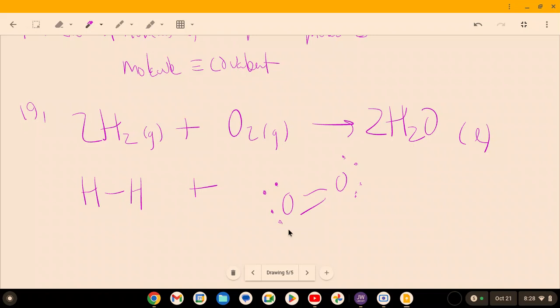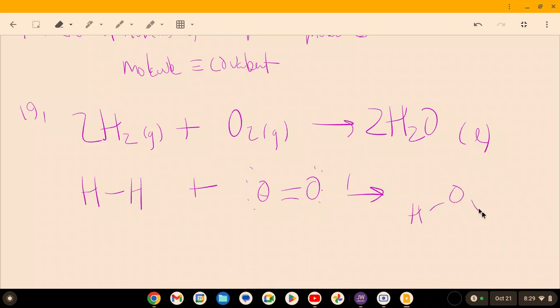I did not draw that right. Hold on, I don't know why I drew diagonally like that. That was really weird. There we go. And that gives you 2 water molecules.